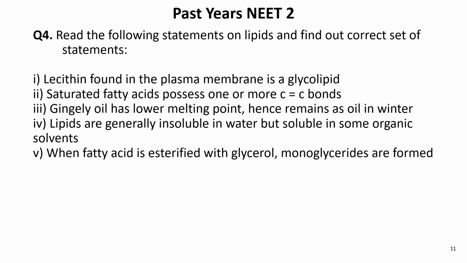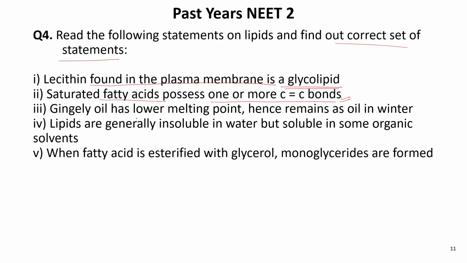Next question. Read the following statements on lipids and find out the correct set of statements. Lecithin is found in the plasma membrane and is called a glycolipid. Saturated fatty acid possesses one or more carbon-carbon double bonds.